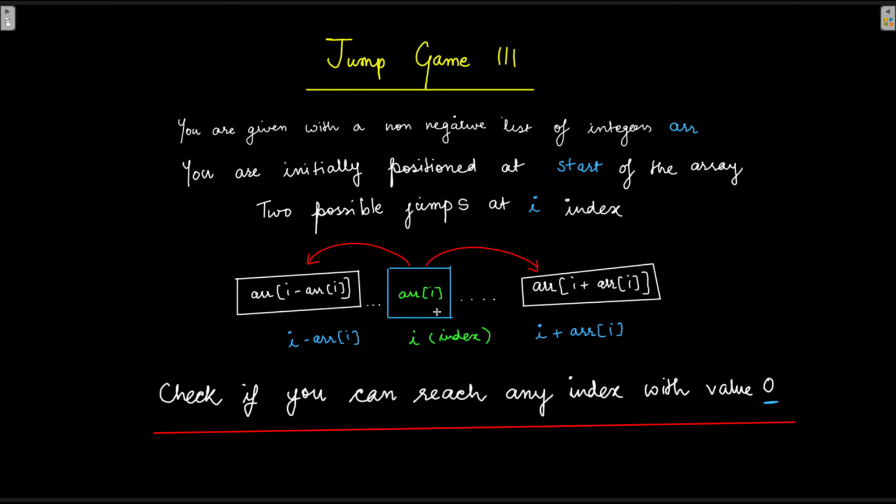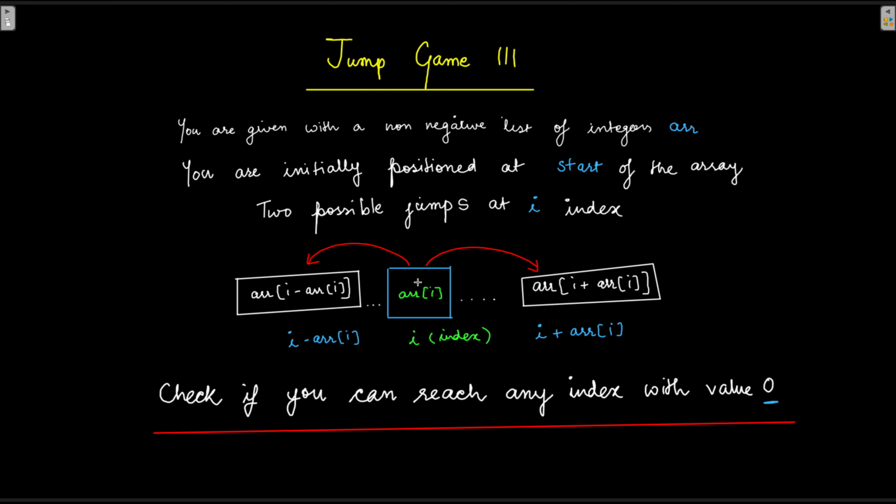From this position, we can either jump to i plus arr[i], that is, whatever the value is, we add that value to the index, and that is going to be our new index position. Or we can otherwise jump to the i minus arr[i] index position.